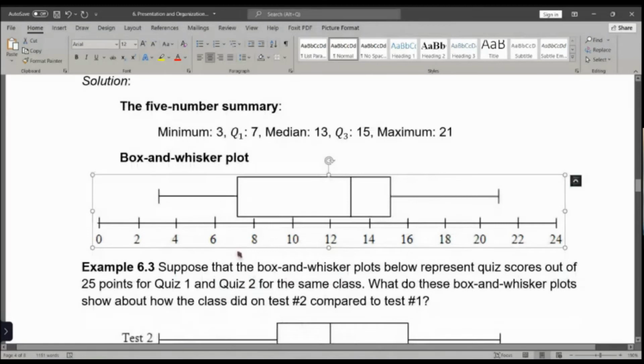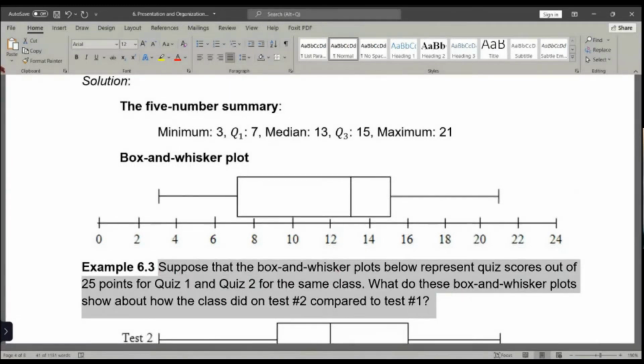Okay, more examples. Example number 3. Suppose that the box and whisker plots below represent quiz scores out of 25 points for quiz number 1 and quiz number 2 for the same class, let's say C104.